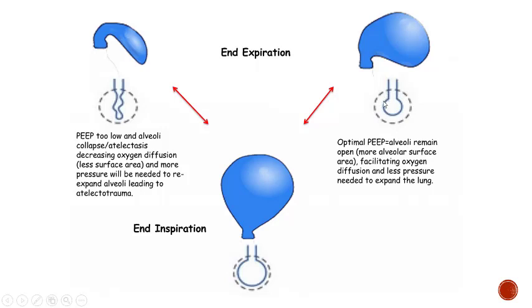So if you have this kind of partially open alveoli, it's going to be much, much easier to reinflate it, because you're going to have less surface tension and less elastance. This guy over here is going to be very hard to reinflate. It's going to require a lot of pressure. So this is an example of PEEP stenting that open and really kind of helping to aid with that reinflation.